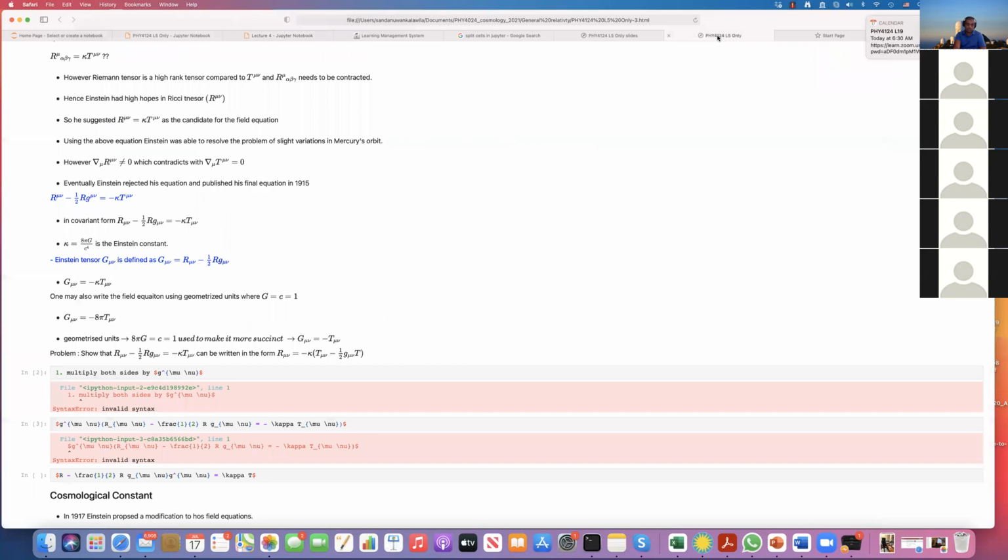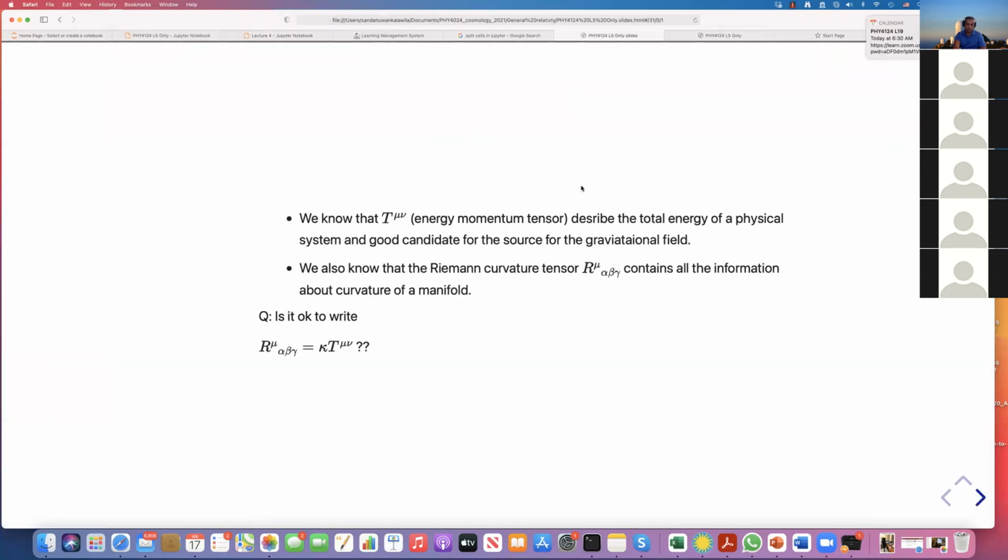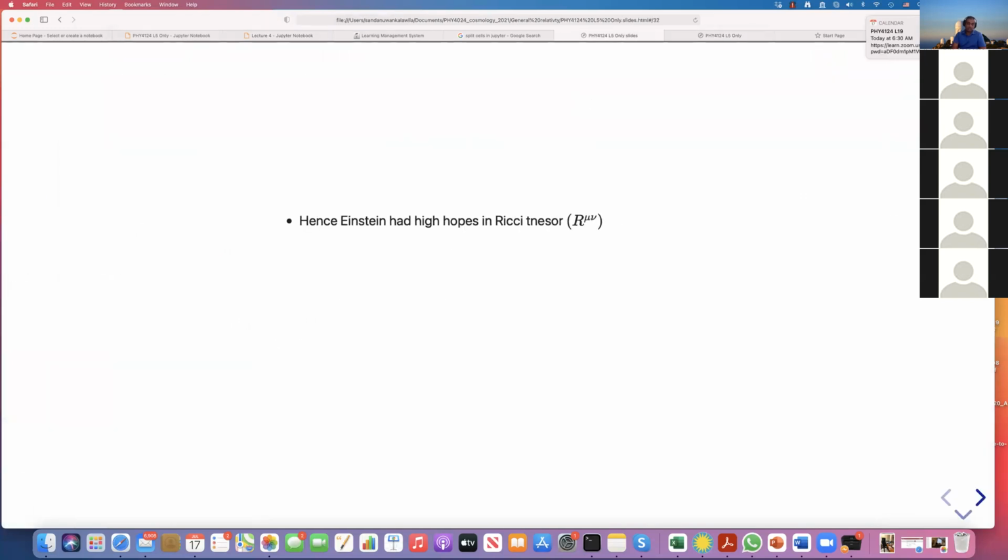And for this reason, Einstein had high hopes about this Ricci tensor, right? Because you can make an equation out of that using the energy momentum tensor. So he suggested another equation, that is R mu nu, which is the Ricci tensor, equal to kappa, a constant, times T mu nu.